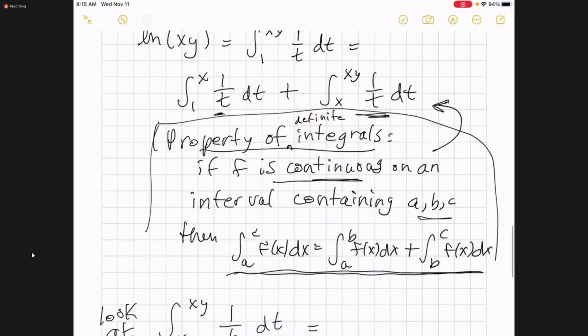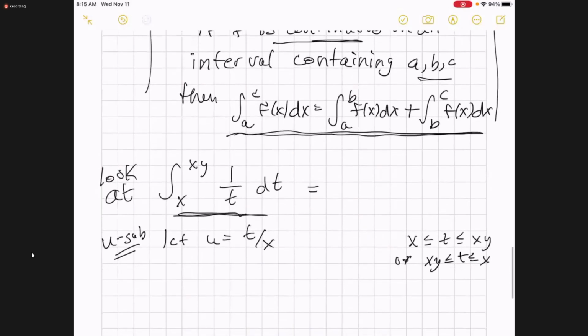Okay, here I am. Yeah, T represents any number between x and xy. X is an endpoint. Relative to this integral, t is the variable. X is fixed. X is a constant right now.